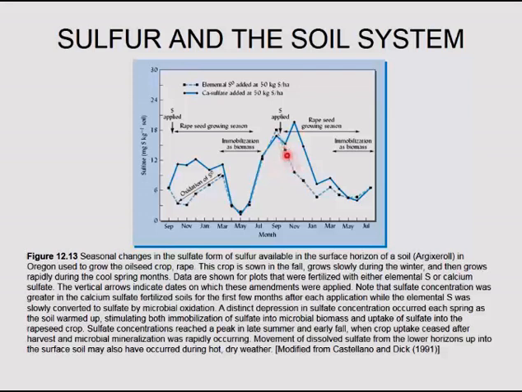So this elemental sulfur that's applied, the microbes have to break it down, and so we don't get a big bump like we do right here in our soil concentration when we've added something soluble. It takes time, and finally over here it's starting to be oxidized. So if you apply sulfur as elemental sulfur, you have to keep in mind that it's going to take some time in order to get the soil fertility that you want out of that elemental sulfur.